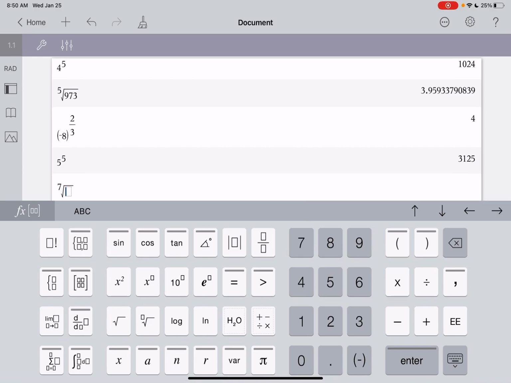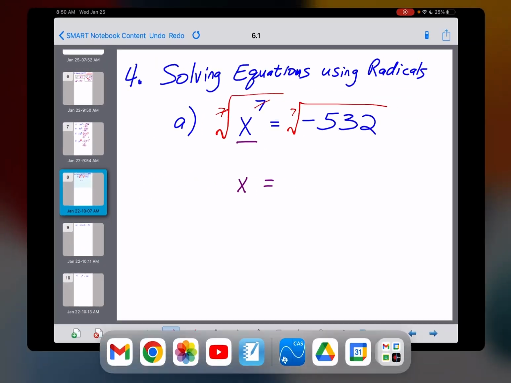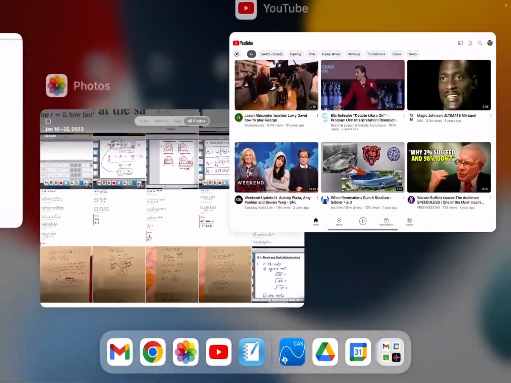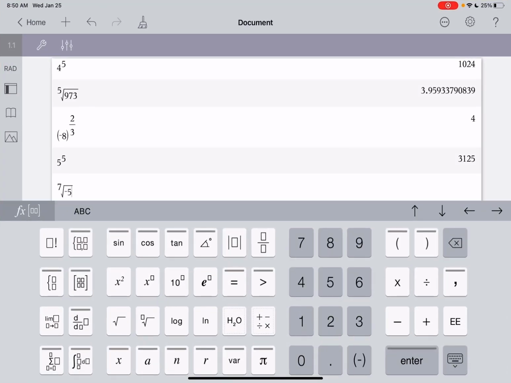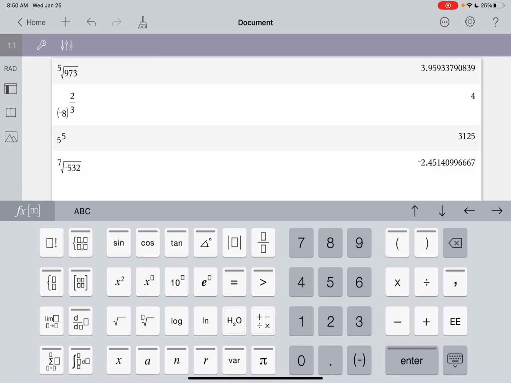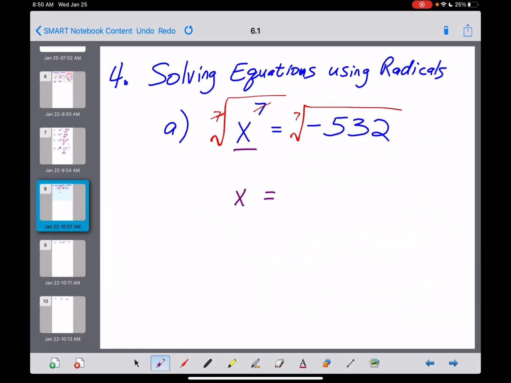And the 7th root of negative 532. Yeah, that one ended up being a decimal. That's okay. Negative 2.45 is going to be my answer to this problem. So certainly, guys, sometimes you're going to end up with irrational answers and ugly decimals, and that'll happen. But anyway, that's how you do that one.